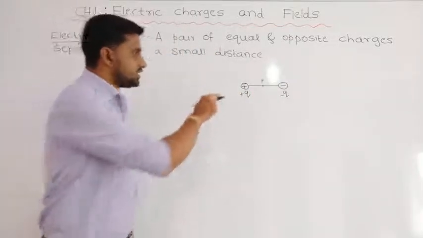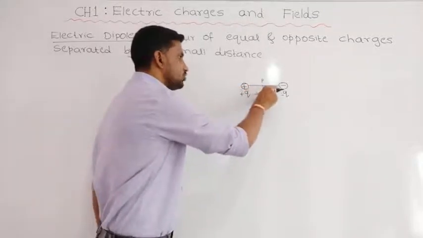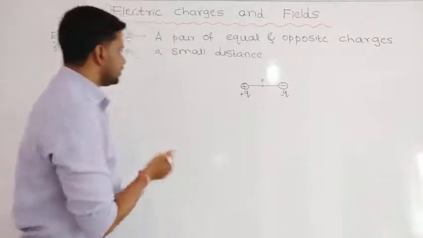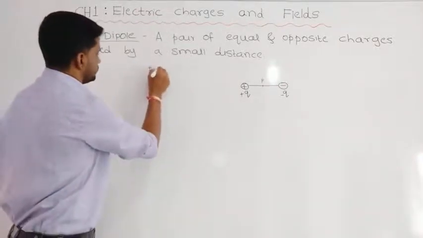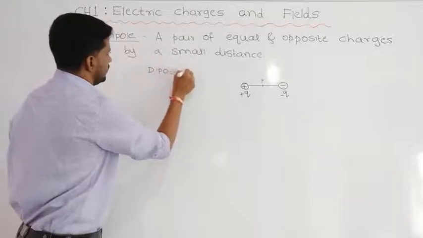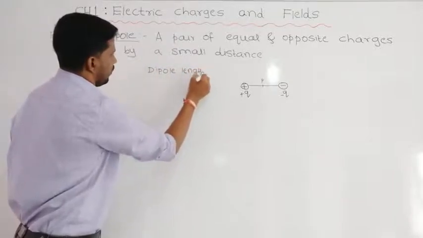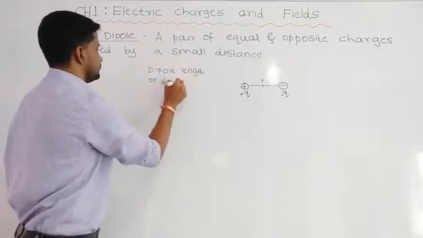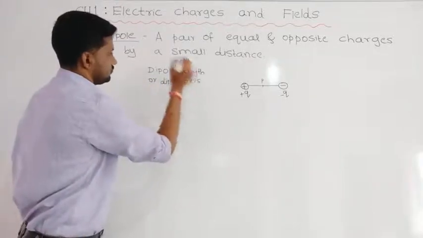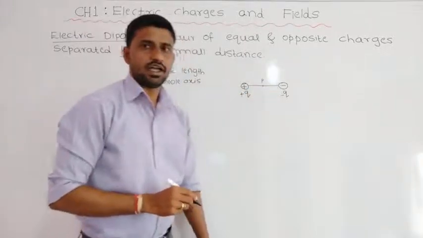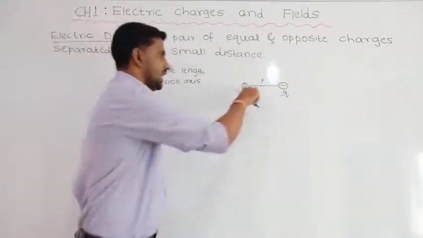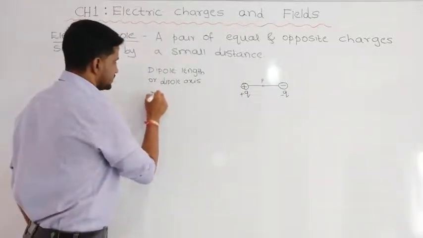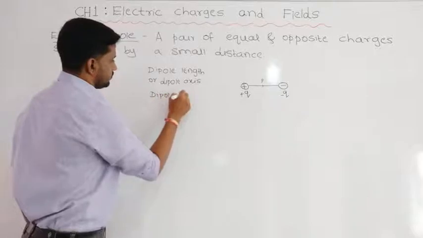There is a length or distance between these two charges, which is called the length of the dipole or dipole length. It is also called the dipole axis. This line is called a dipole length or a dipole axis, and the center between these two charges is called the dipole center.